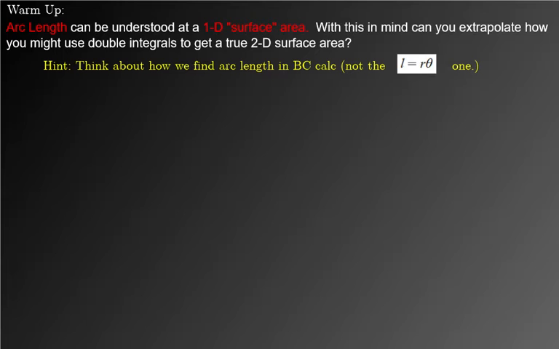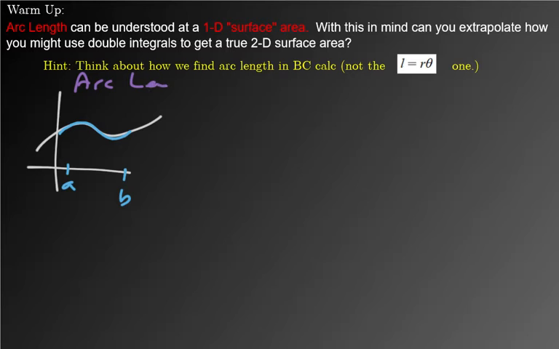So the plan for today is to talk about surface area and doing this with double integrals. And you can almost see where this comes from if you just go back to arc length. If you take some sort of curve and compute the arc length from A to B, this arc length could honestly be understood as a 1D surface area just for that curve.